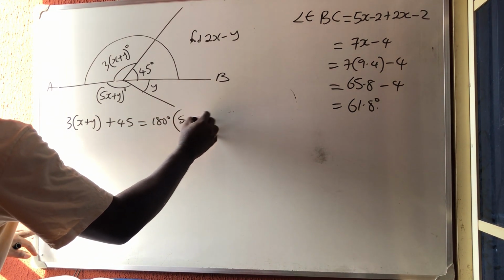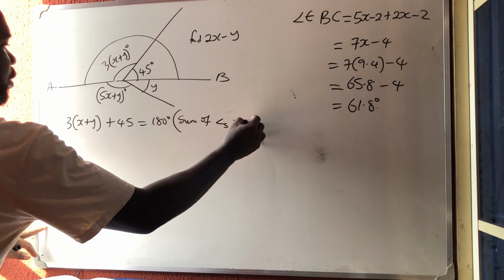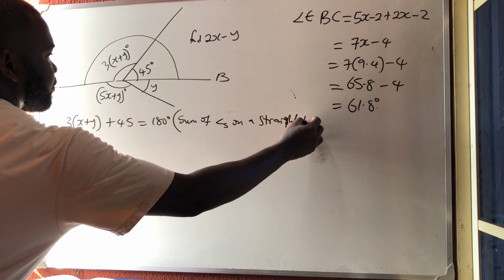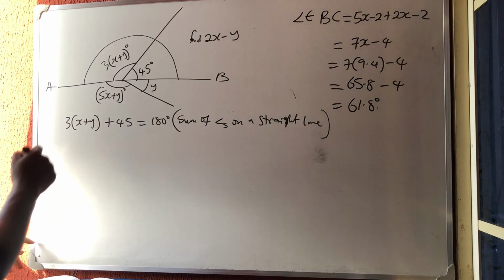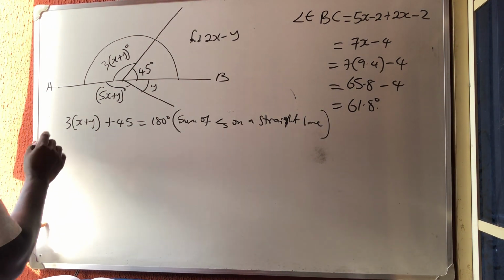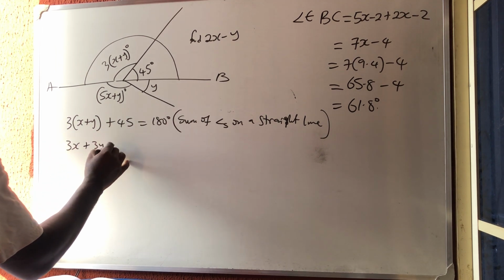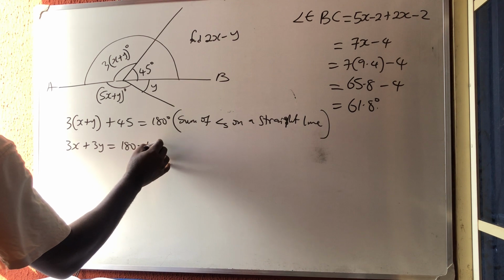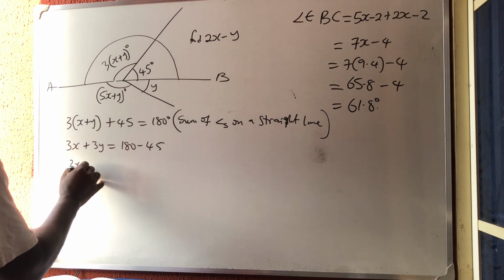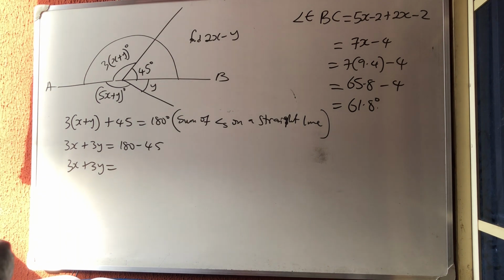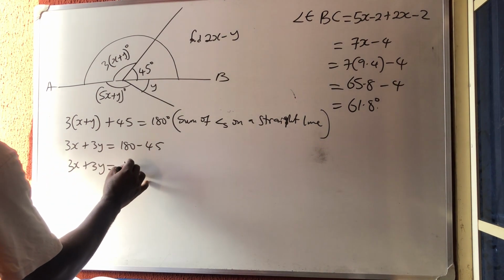Sum of angles on a straight line. That's my reason. Okay, so if I open bracket, I'll see that 3x plus 3y is equal to 180 minus 45, which will give you 135.